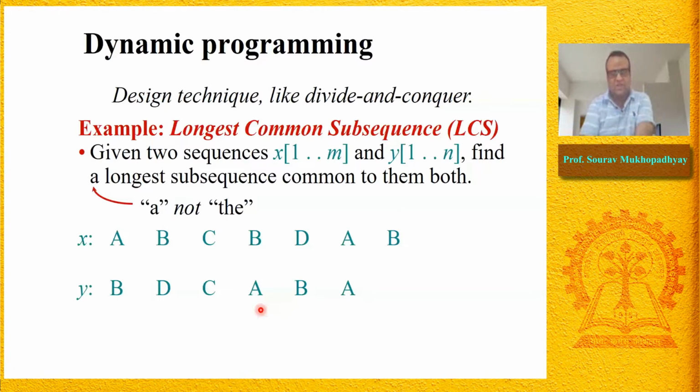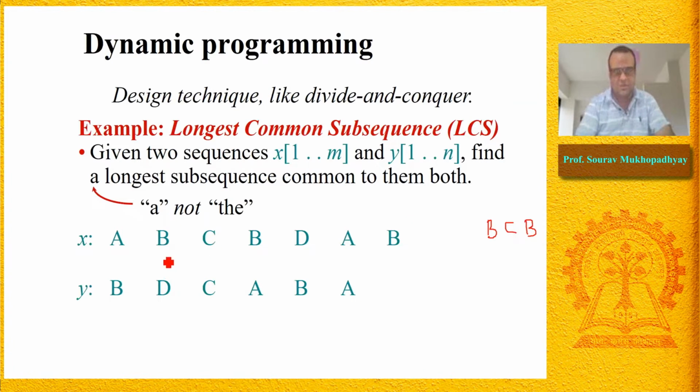Now we are interested to see whether there is any subsequence of length more than 2, length 3. We can check that, like BCB. If you take just BCB, this is a subsequence of length 3. We want to check whether this is a common subsequence.